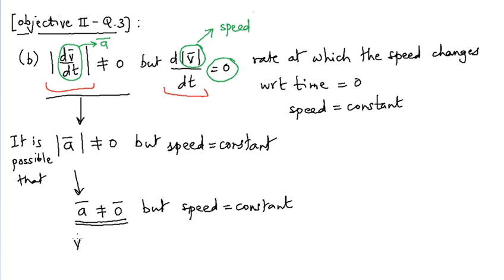Now that would mean, of course, that the velocity is changing. So the final simplification of this statement is, it is possible that the instantaneous velocity is changing, but the speed of the particle is a constant. It never changes.